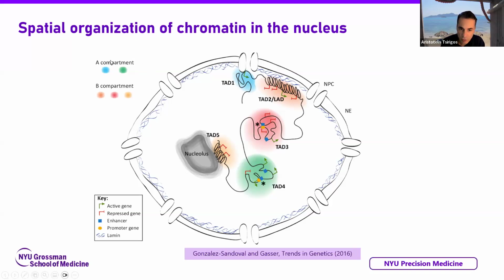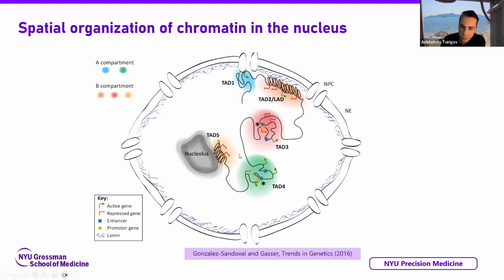So if you're not familiar with these terminologies, all you need to remember is that A compartment includes genes that are activated in a given cell type, where B compartment or heterochromatin is more of silenced chromatin, so genes that are silenced in a specific cell type. And of course, this can vary from cell type to cell type. Different genes are activated, different genes are silenced.